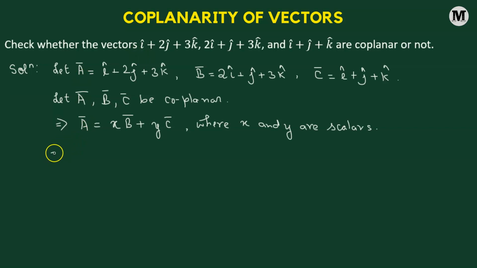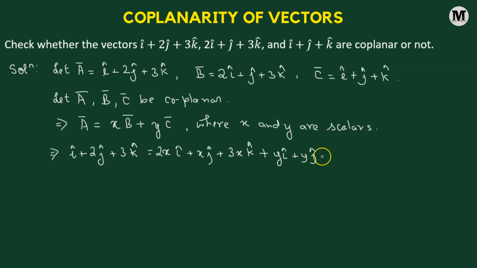Now, we'll substitute the value of vector a. We have i cap plus 2 times j cap plus 3 times k cap equals x times vector b, which is 2x times i cap plus x times j cap plus 3x times k cap, added to y times vector c, so y times i cap plus y times j cap plus y times k cap.